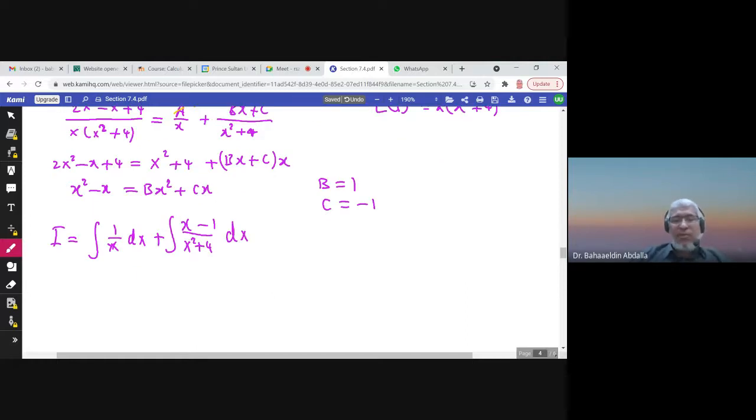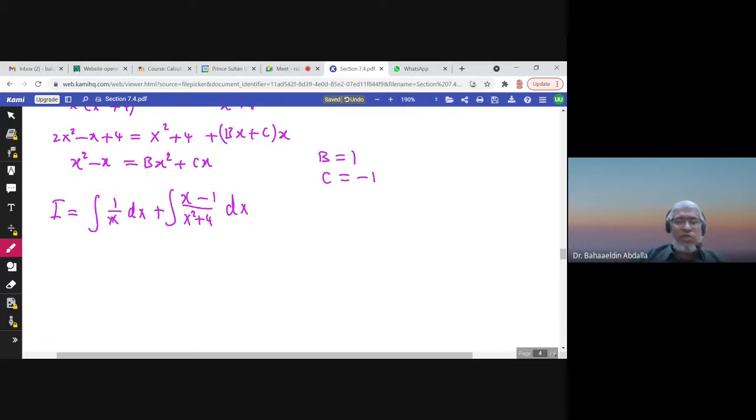And now the derivative of x squared plus 4 is 2x, but I have here x minus 1. So to use substitution, I do it like this: integral of 1 over x dx, and here I write x over x squared plus 4 dx minus 1 over x squared plus 4 dx. So I distribute the numerator over the denominator.